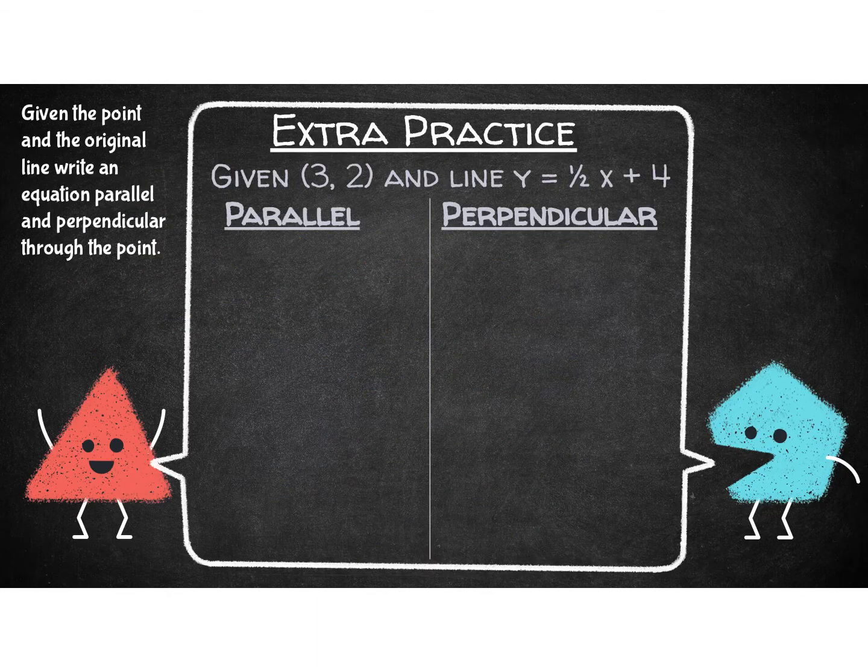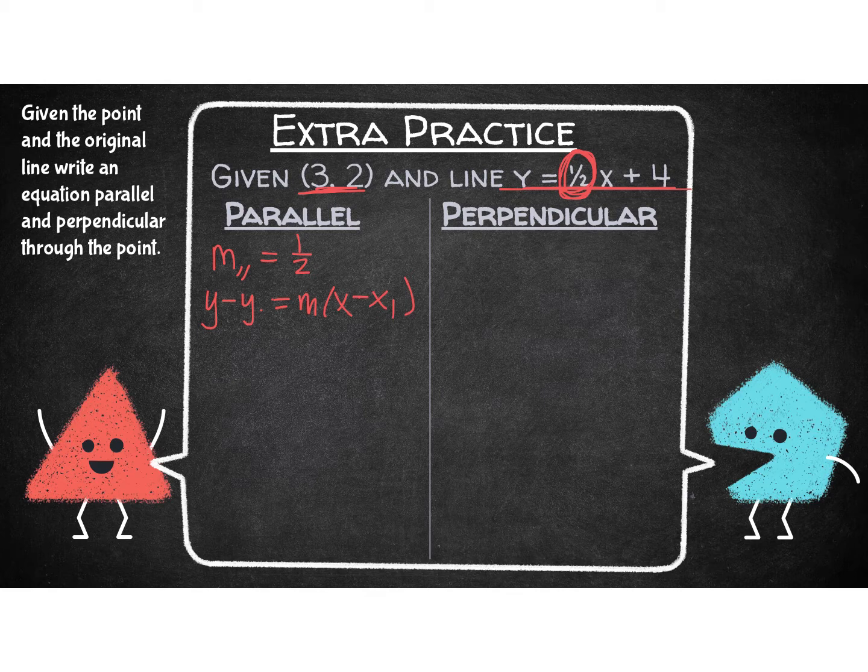So we're going to do one more example here. Given the point and the original equation, we want to find a parallel and perpendicular. So first thing, we're going to find the parallel. M parallel is going to be the same as the original m. The original m is 1/2 right there. So m parallel is 1/2. And then y minus y1 equals m, x minus x1. And then we solve.